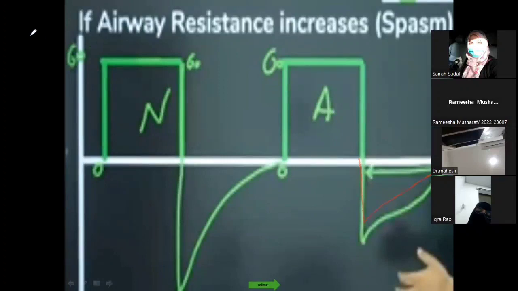So I will show you a graph that we have on our ventilator here. Here you can see that this is the normal inspiration, and then it goes down, reaching the level, and then it is fully exhaling out.